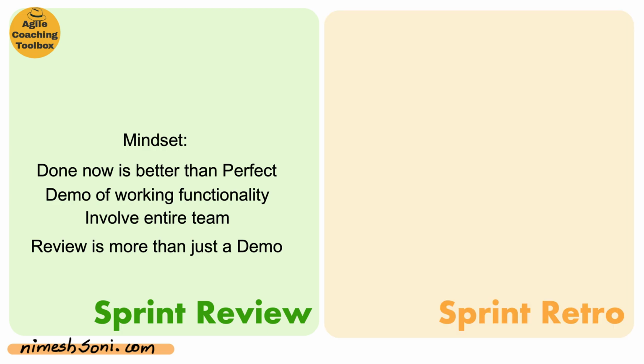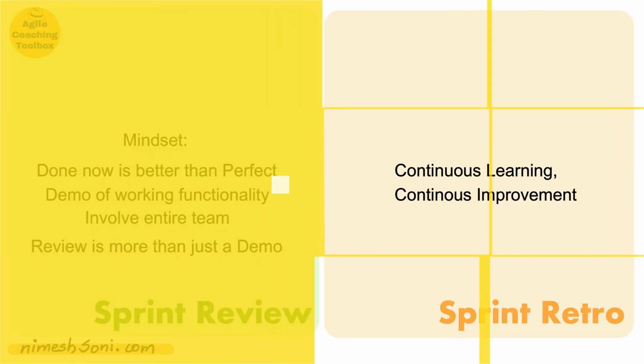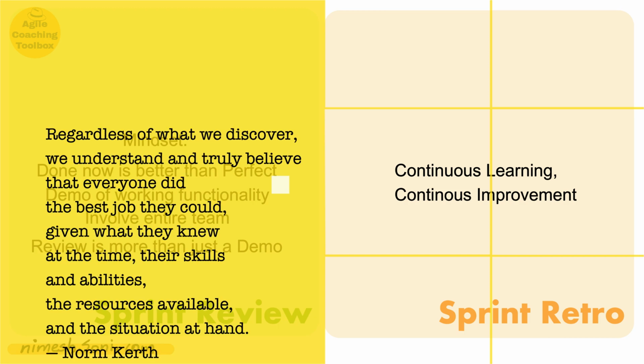The mindset going into the sprint retrospective should be that we can always learn. We can always improve. So, sprint retrospective should start with that prime directive for the retrospective. We can always improve as a team. So work as a team. Sprint retrospective is not aimed at any individual.